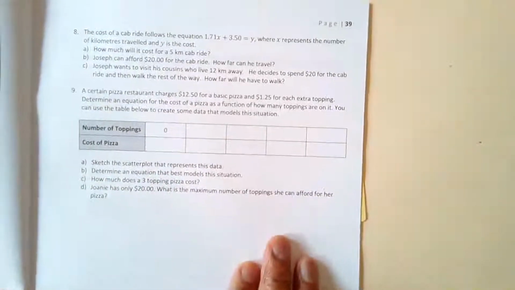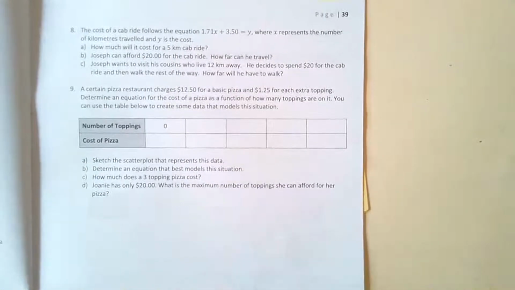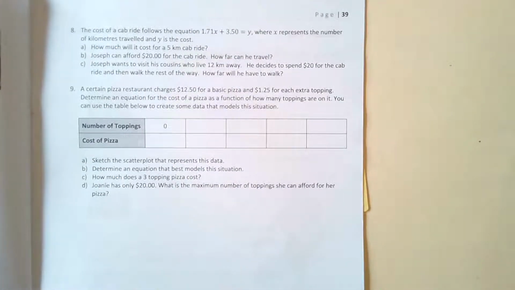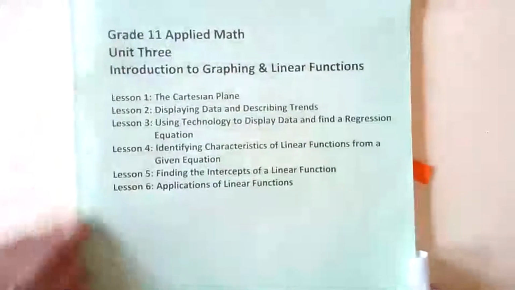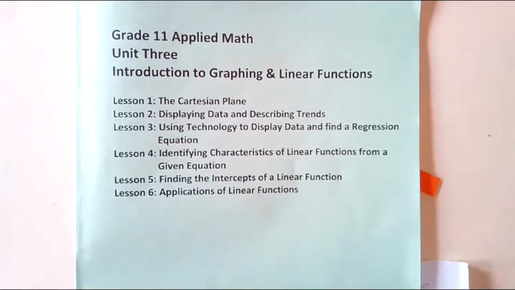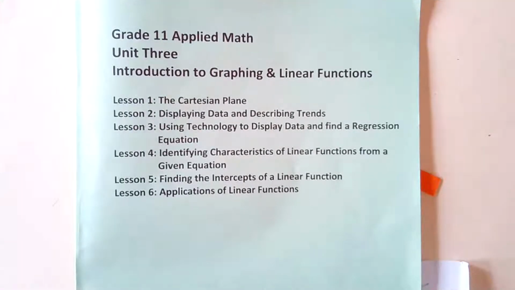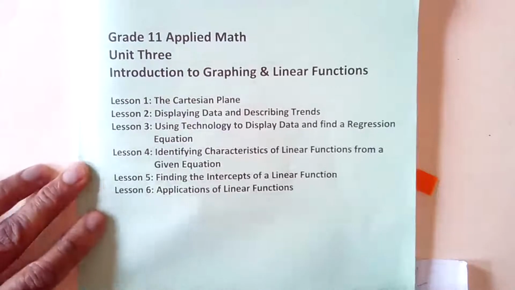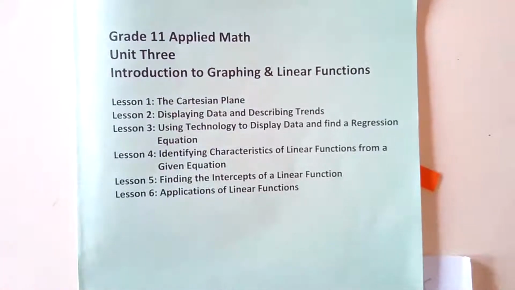And also question number 8 on page 39. And this will conclude Unit 3, Introduction to Graphing and Linear Functions. So your next assignment to hand in is assignment 3. And tomorrow, the next lesson, we are beginning Unit 4, Quadratic Functions.